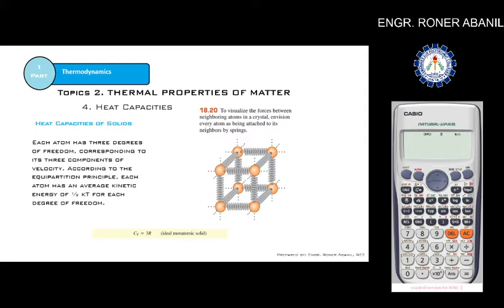So, each atom is bound to an equilibrium position by interatomic forces.